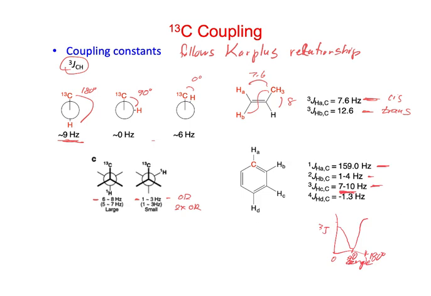And then the 4 bond is small again. And this can have some impact on how you can set up 2-dimensional NMR experiments, if you're looking at proton-carbon coupling and whether you want to optimize them for 3-bond coupling or 2 or 4 or something like that. Okay?